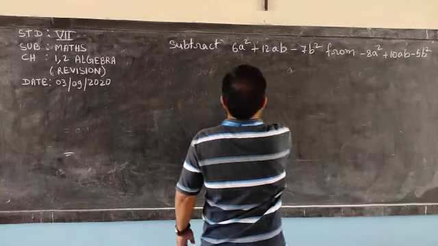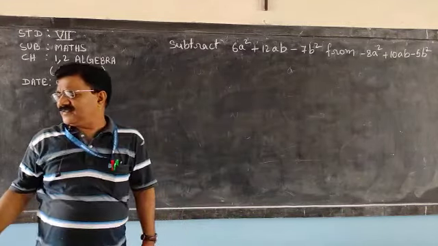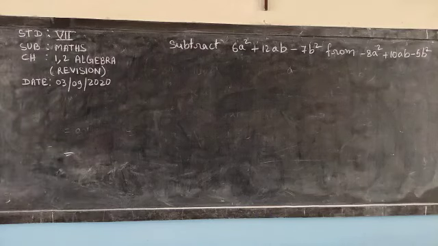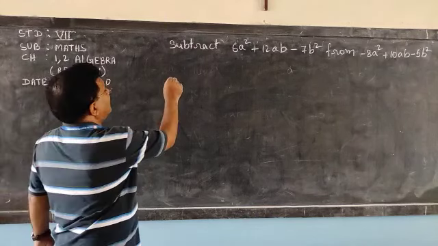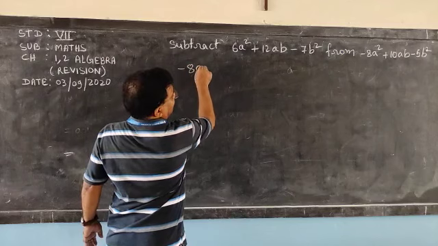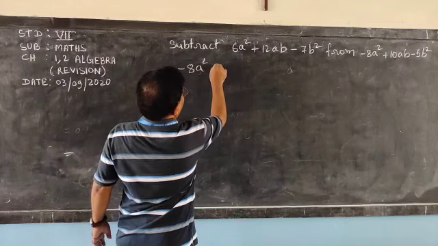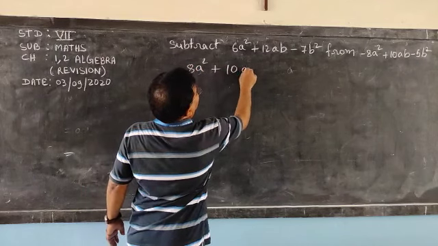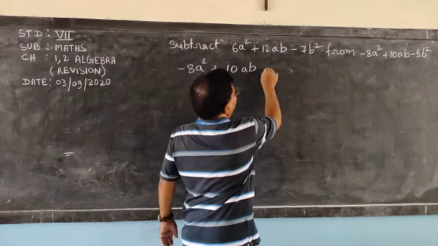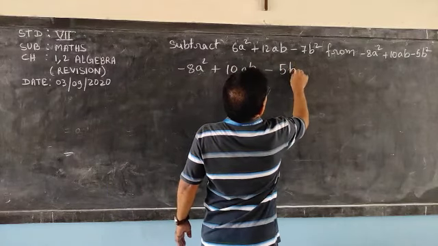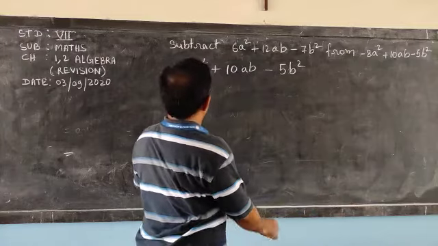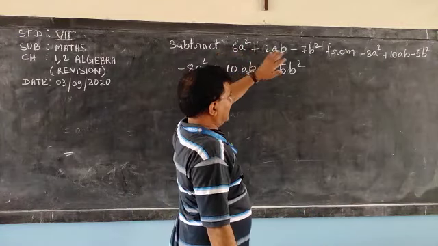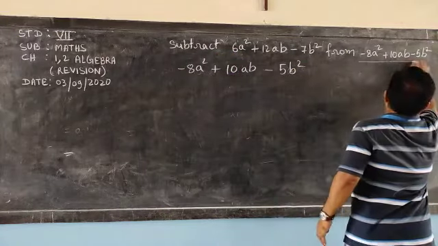First, write that thing from which we subtract, in the beginning: minus 8a square plus 10ab minus 5b square, and then this one, that part is clear. We have written.